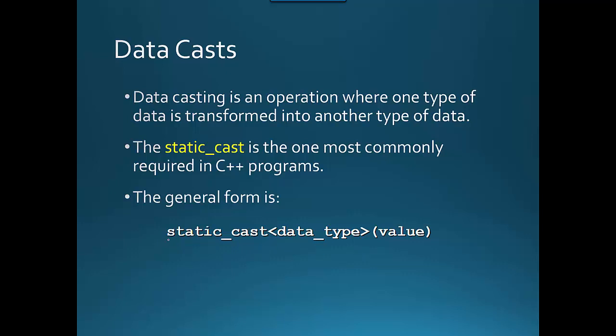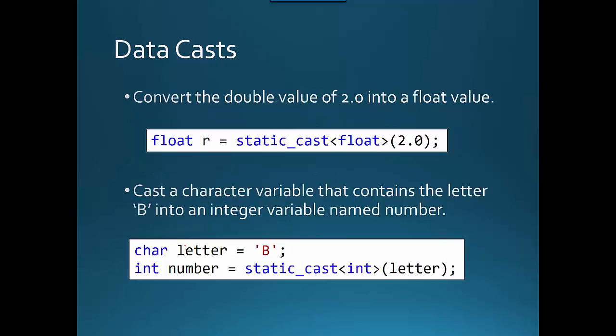The way static cast works is you use the word static cast, and then in these angle braces, the less than and greater than symbols, we identify what type we want to cast this value to. Whatever type this is, this value will be cast into that, and that will be the output of this function. And then you would presumably store that using an assignment statement into another variable.